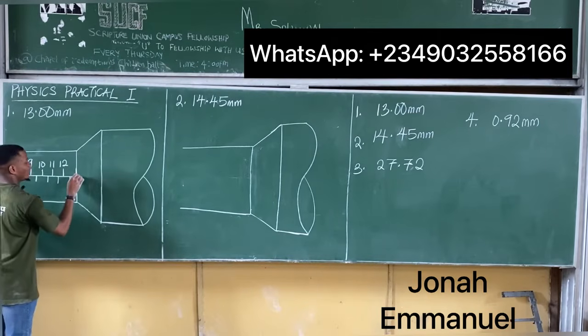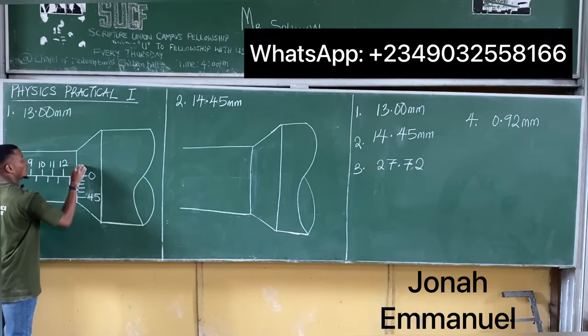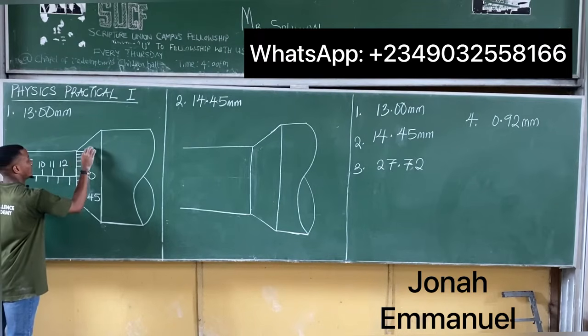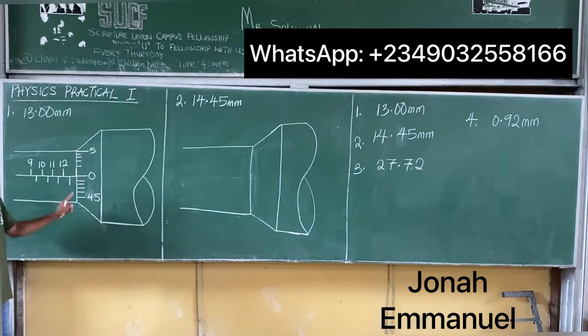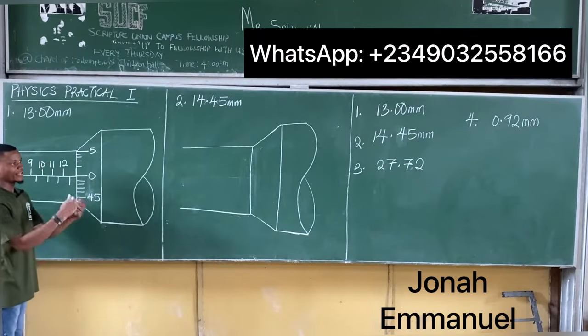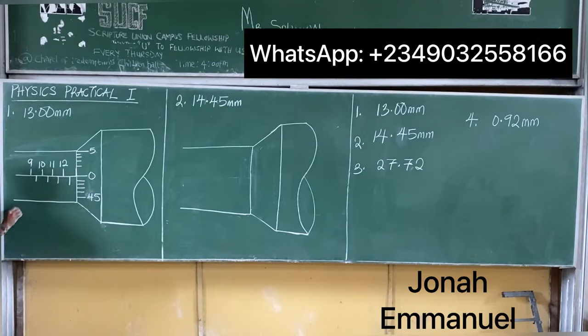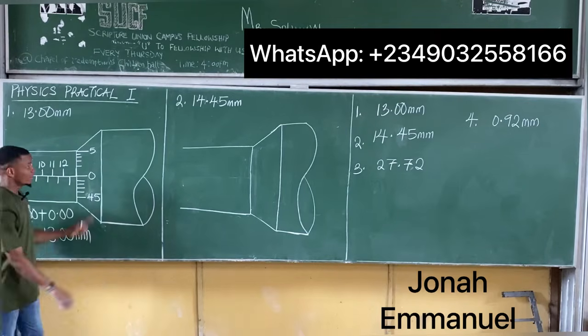And here should be what now? 0, 1, 2, 3, 4, 45. I said this should not be more than 45. So here is simply 13.00, that's 13, plus 0.00, that's equal to 13.00 millimeters.